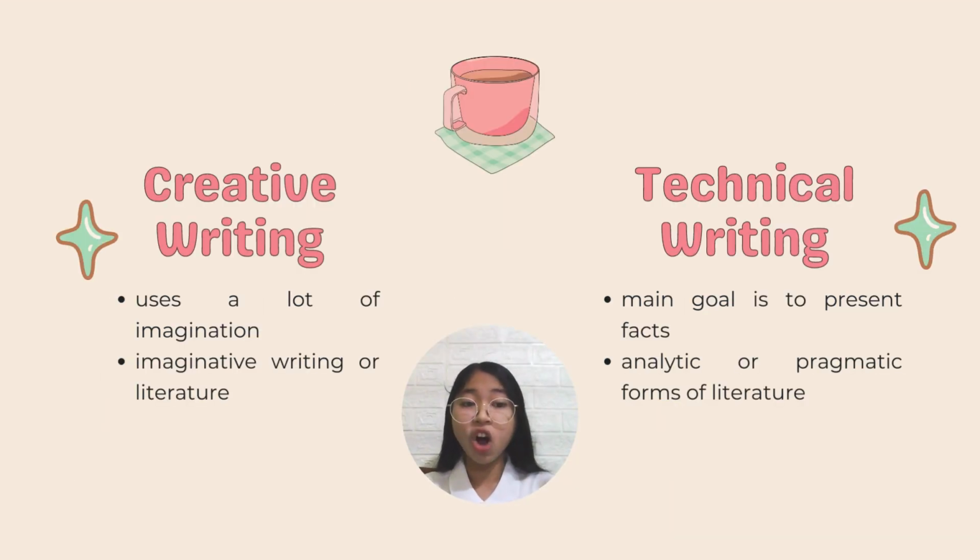Since it uses a lot of imagination, creative writing is also called imaginative writing or literature, as opposed to technical or academic writing whose main goal is to present facts. Creative writing is in contrast to analytic or pragmatic forms of literature like professional, journalistic, academic, medical, scientific, business, or technical writing.